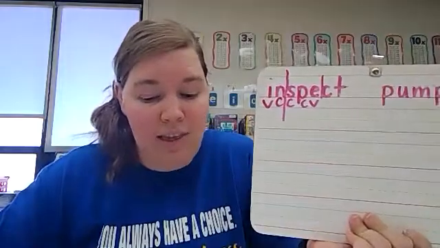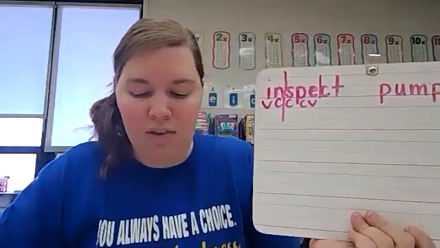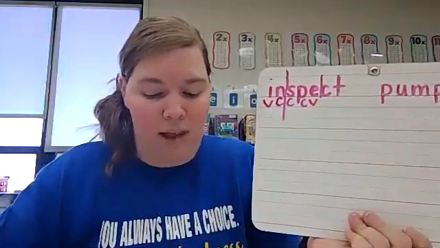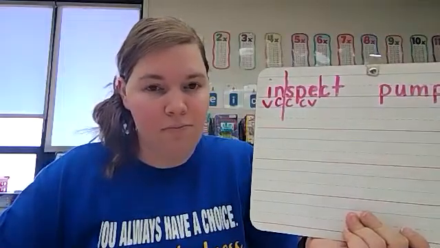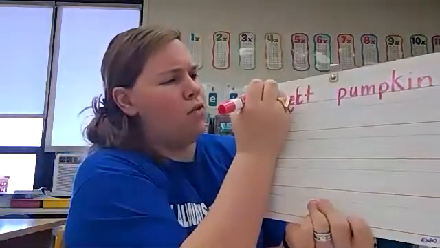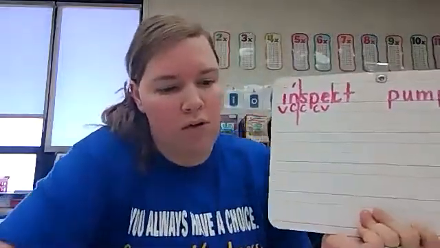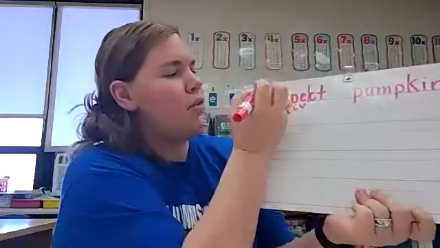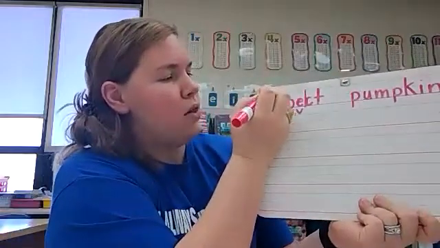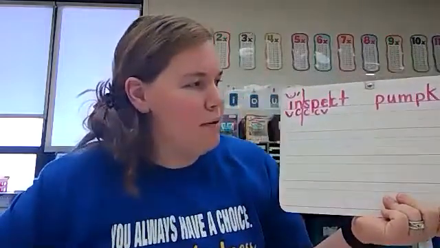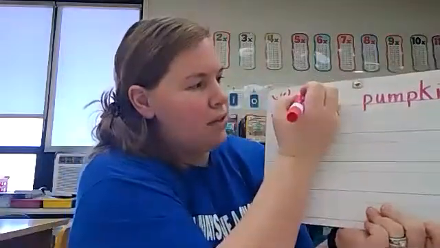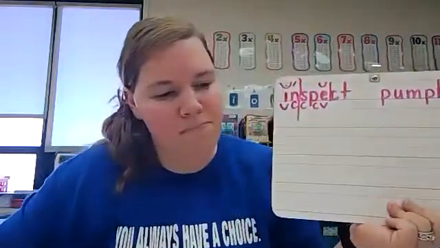Now we need to place the accent. Where do you think is the best place to try the accent first? Right, in the first syllable. So let's try it there, okay? Now let's code the vowels, okay? This I is closed, so it will get a breve. And the E is closed, it will get a breve.